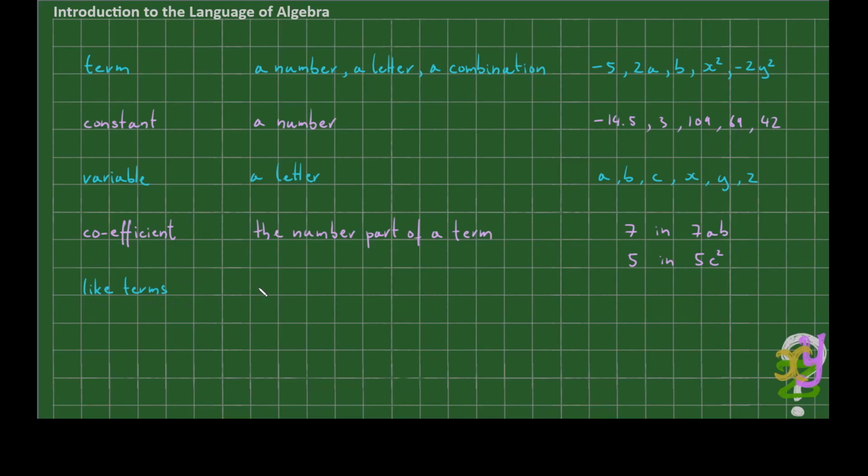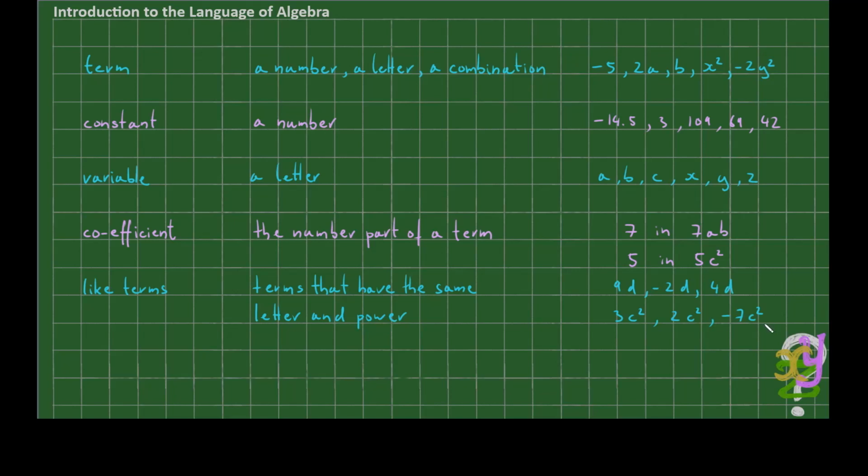Like terms are terms which have the same letter and power. For example, 9d, negative 2d, and 4d are like terms. In a similar fashion, 3c squared, 2c squared, and negative 7c squared are also like terms.